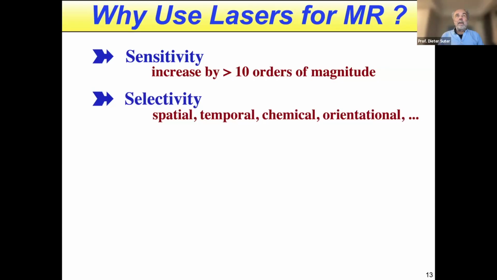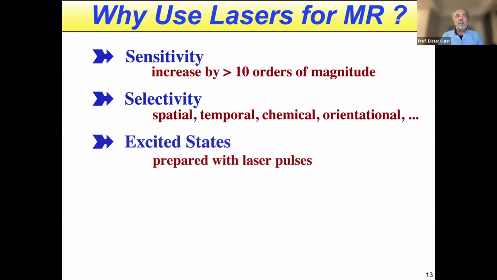There are other reasons I will briefly touch upon. One is selectivity. You can use the laser to select specific times or chemical environments or orientations in a sample. It just gives you an additional degree of freedom, which can be useful for getting information.